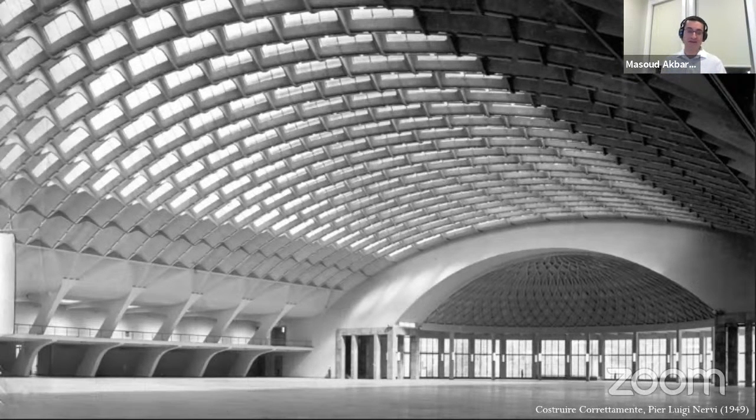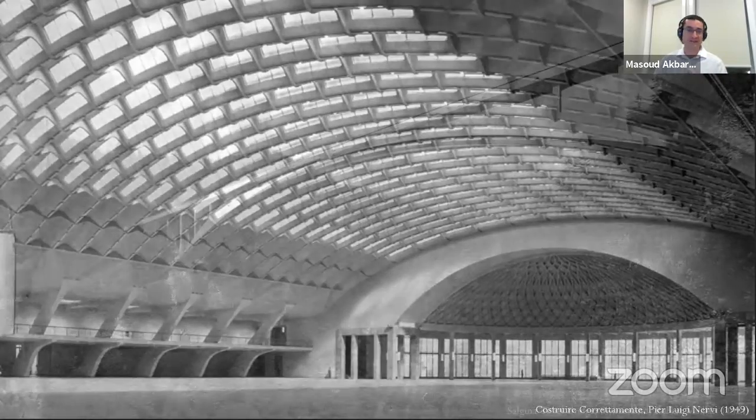He was an Italian structural designer, quite famous for the efficiency of the structures he designed and built. You don't see the drawings here, but he was also using graphical methods. And there are many examples, like Robert Maillart.